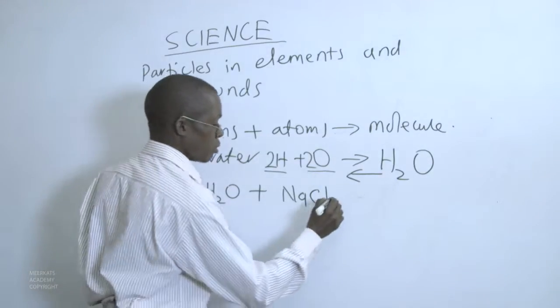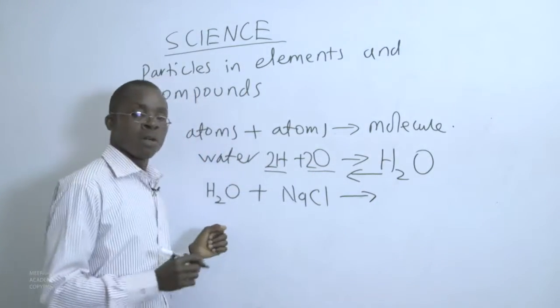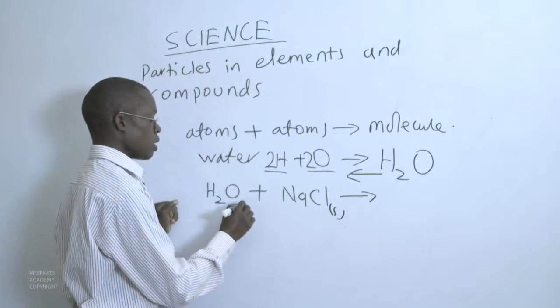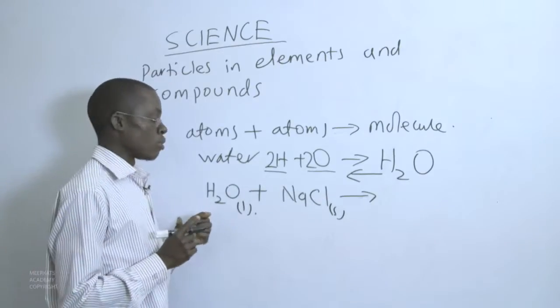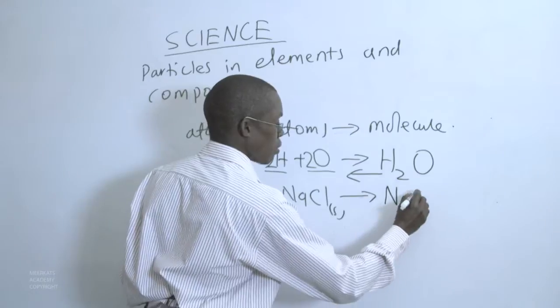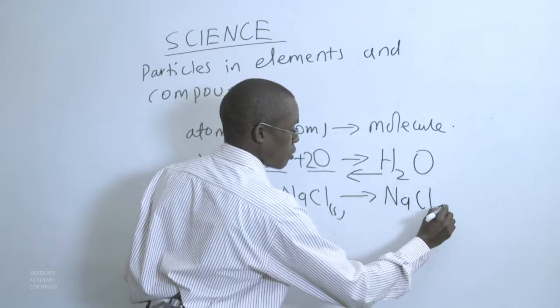When you combine these two, you will form a solution. This is solid crystals and this is a liquid, that's a solvent. It will give us sodium chloride, but a solution.